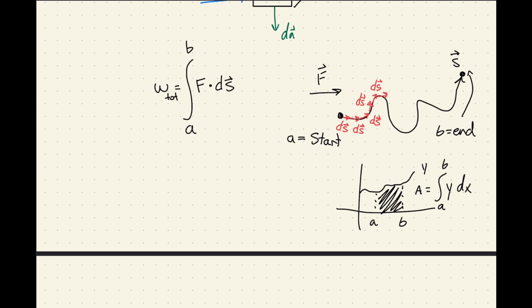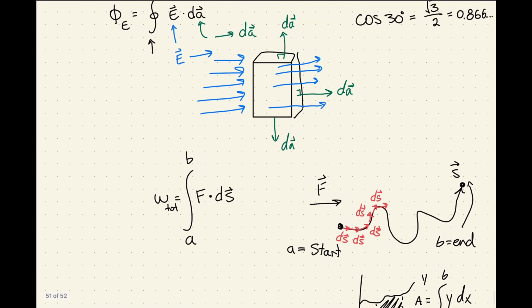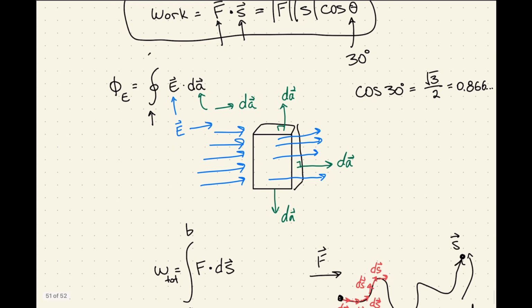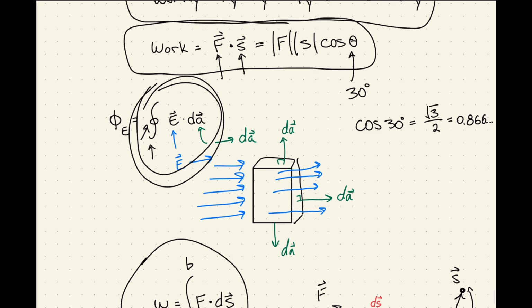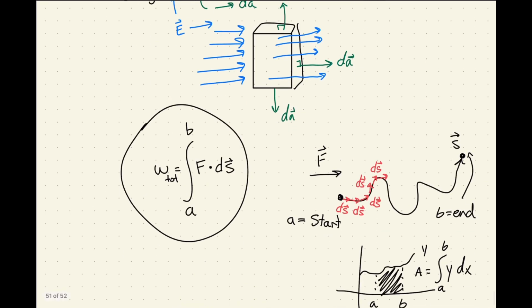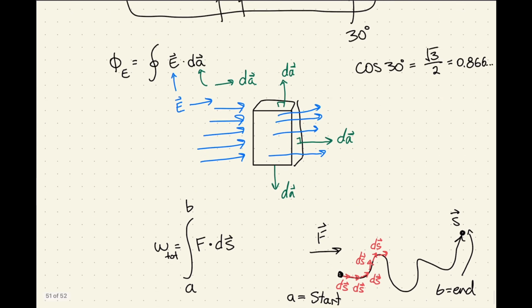And it's actually very cool because it looks super similar to Gauss's law. Gauss's law also has this integral, except it has this little circle, which means a surface integral. So here we have a line integral, here we have a surface integral, and those are quite advanced calculus topics, something you learn in Calculus 3. You will not learn about surface integrals and line integrals in Cal 1 or Cal 2.